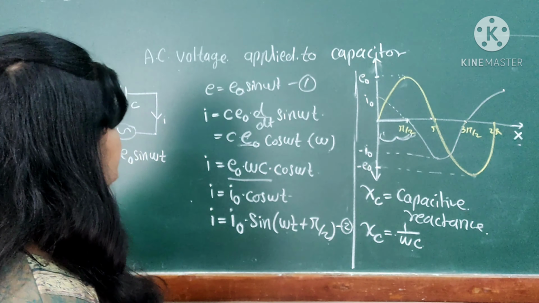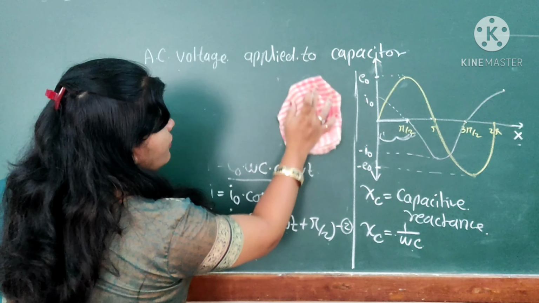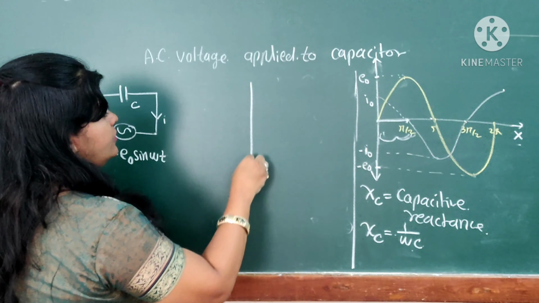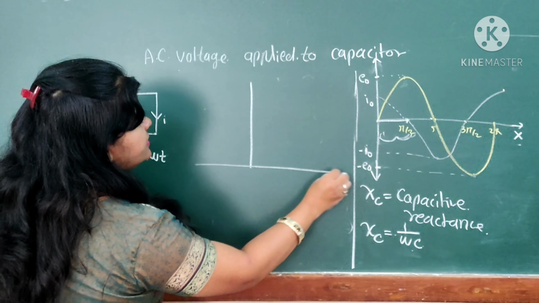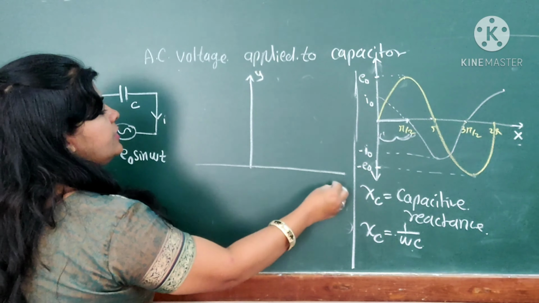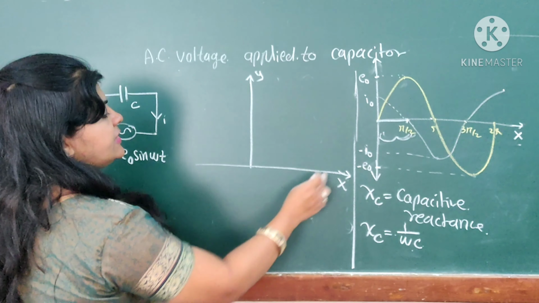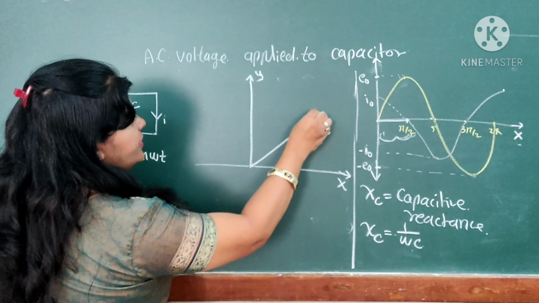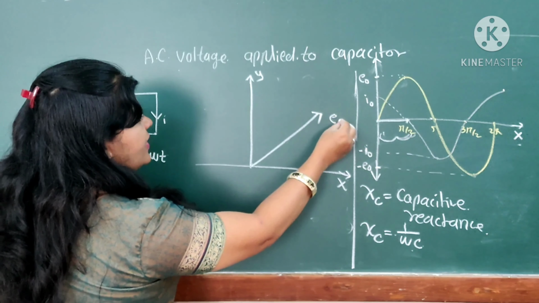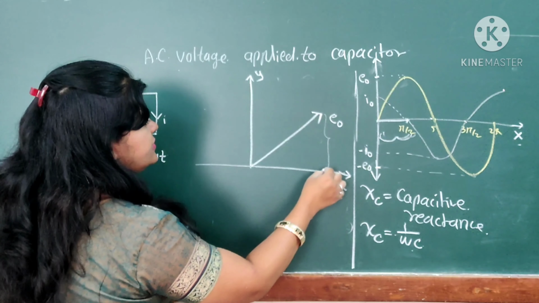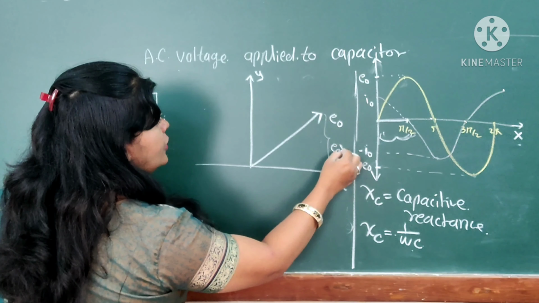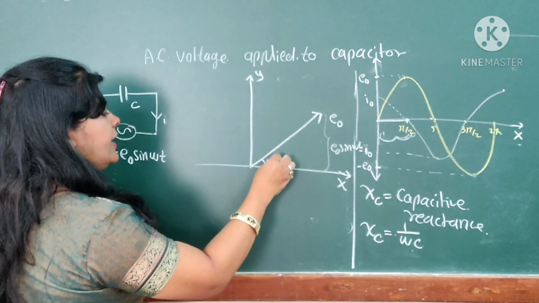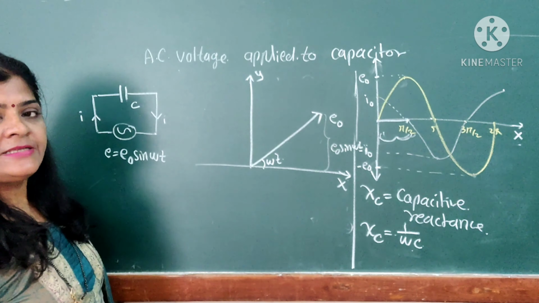Now after that we draw the phase diagram of these two. Already we learned how to draw the phase diagram. This is the y-axis, this is the x-axis. First take the EMF value: start from here, arrow, maximum value E naught, up to this, representing E naught into sine omega t, with the angle omega t with the x-axis.